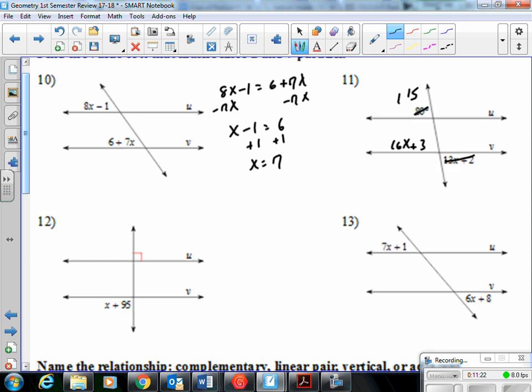So you'd set them equal. 16x plus 3 equals 115. Subtract 3. 16x equals 112. And divide by 16. And that would be x equals 7.